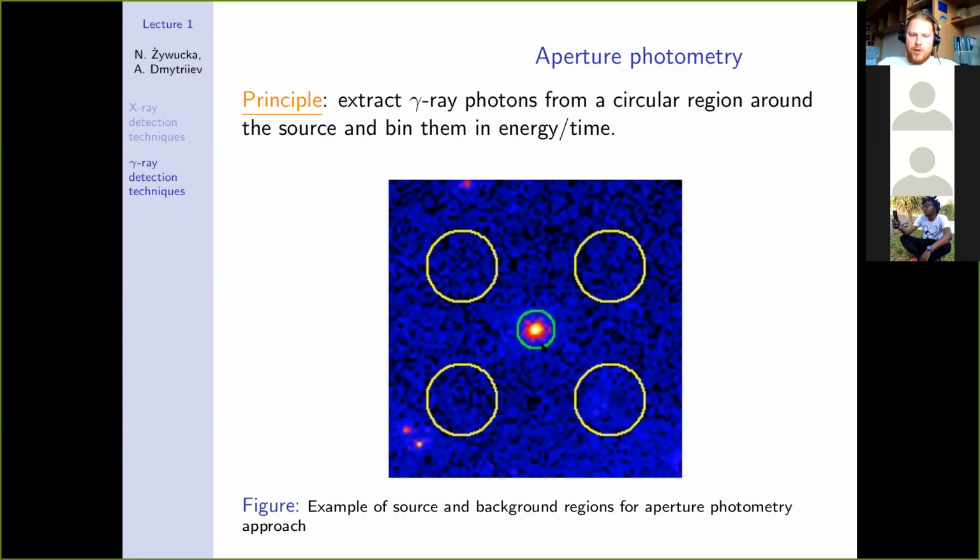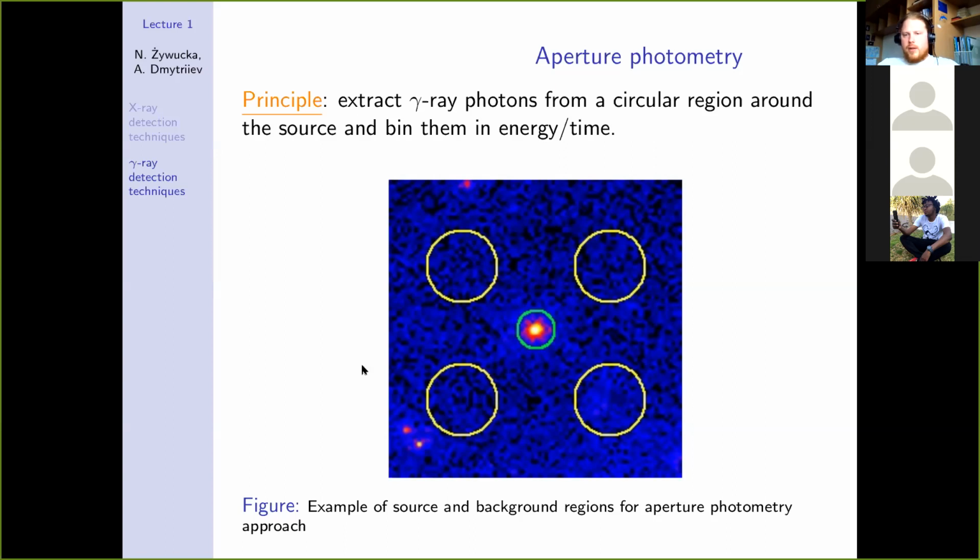So you select a certain region around the source. This is the source region, green. It's polluted with the gamma ray background, so you need to extract gamma ray background from the vicinity of the source. You select several source-free regions, for instance 4 regions around the source. Why 4?